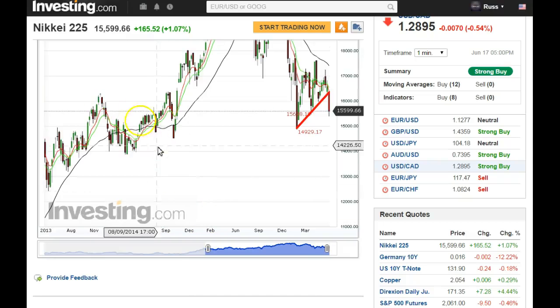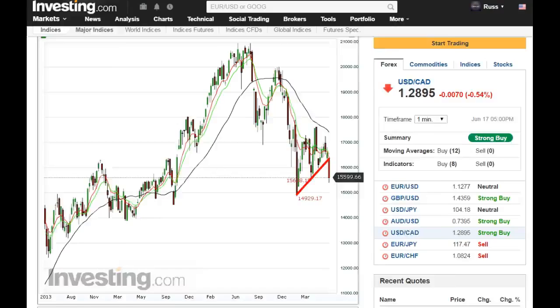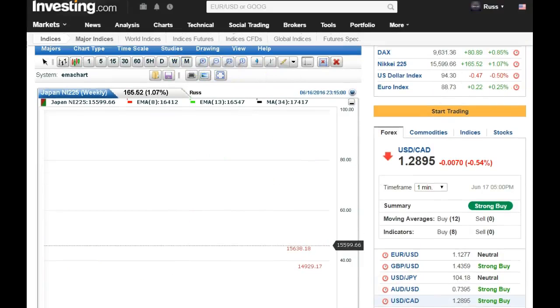As you can tell, the breakdown on that double top too, as it just crumbled. That's a bearish flag on a longer term.